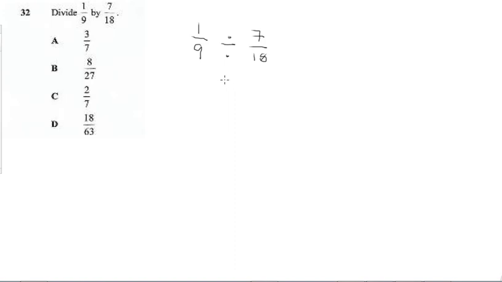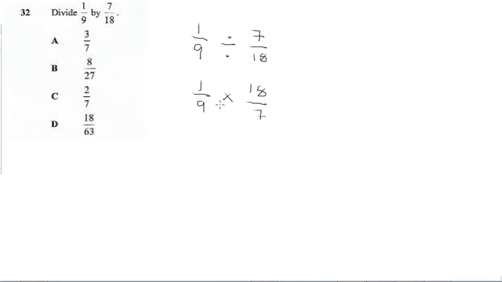To do that, we simply say 1 over 9. This sign changes and becomes times. Then 18 goes on top, and the 7 comes down. Then we can simplify this further.